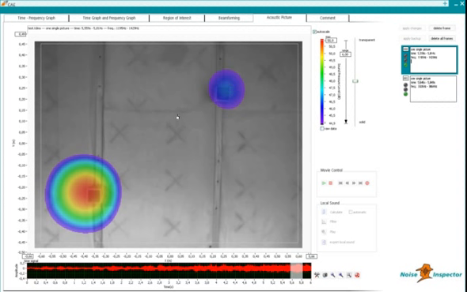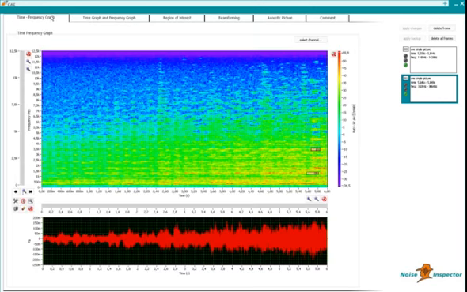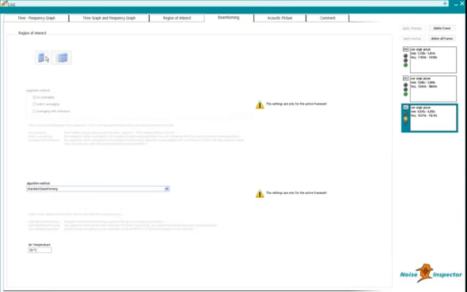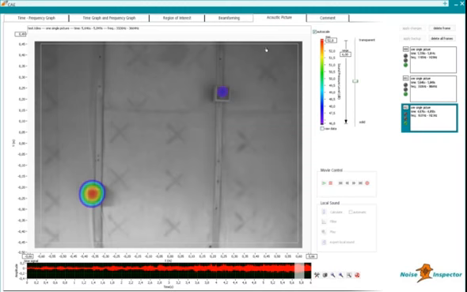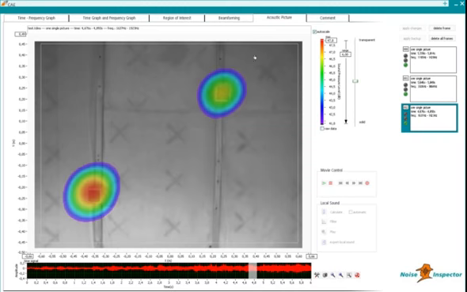So we can easily toggle between the results, and we can easily go back to the music and find some other interesting parts in time and frequency, go to beamforming and just calculate them. And then let's see what happens in the picture. It's again, both speakers are active because it's stereo music, but they should not always be the same. So let's see if we can find something else.